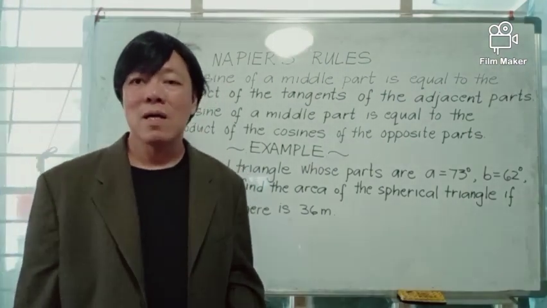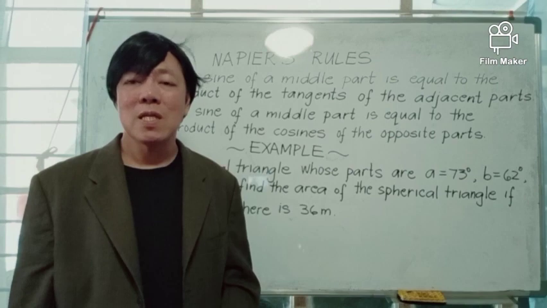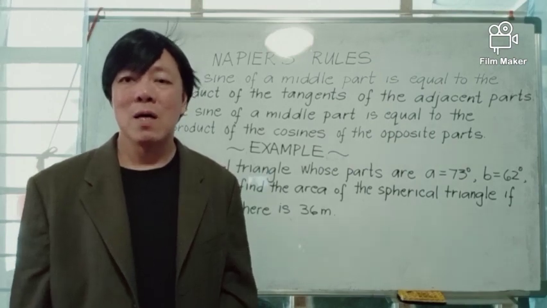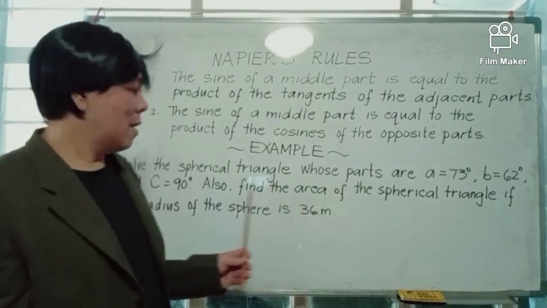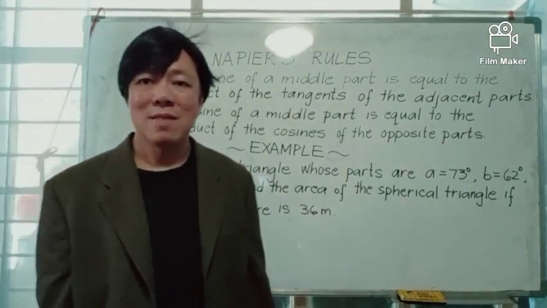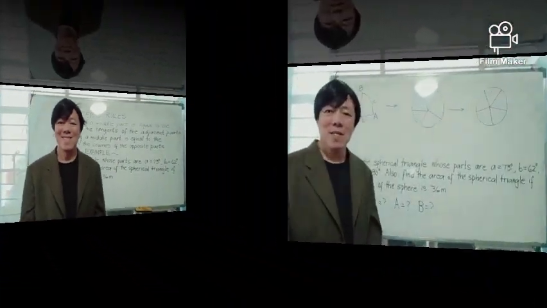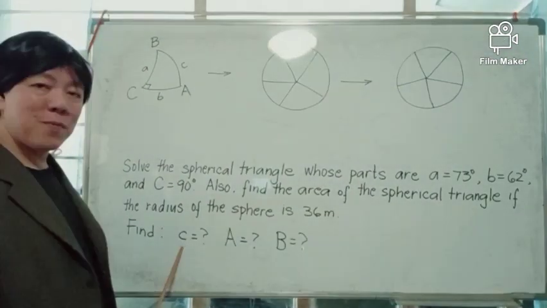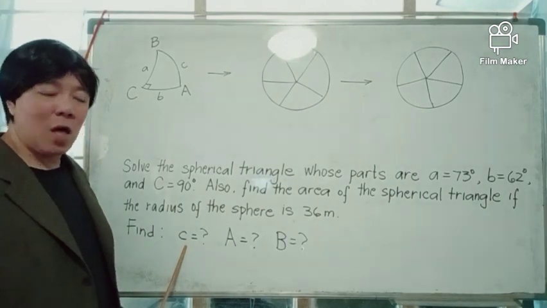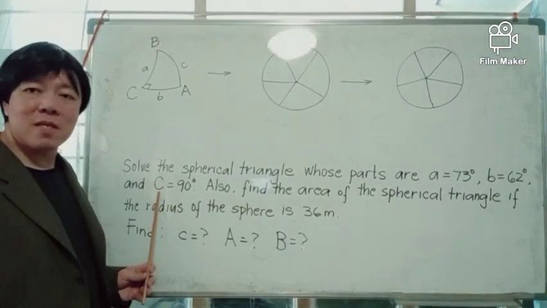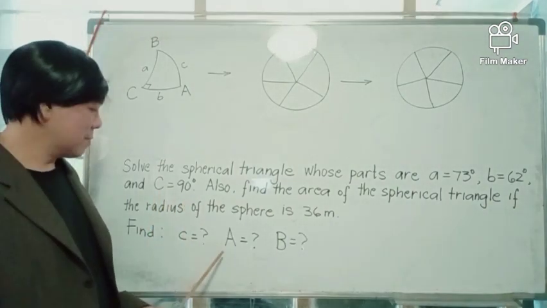Now we will write the equations using Napier's rule to solve for the unknown parts of this spherical right triangle. In the given problem, we will find the small letter c, or the side opposite the right angle capital C equals 90 degrees.